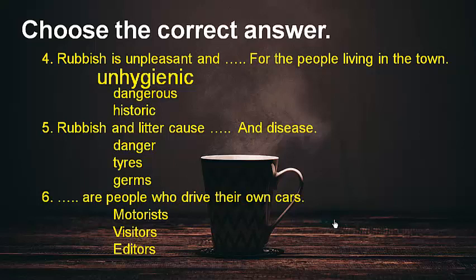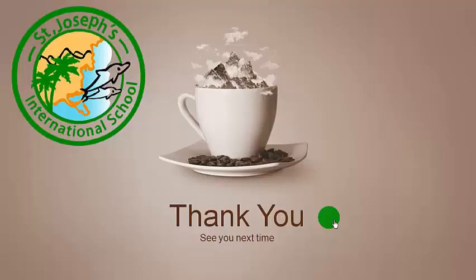They cause danger, tires, or germs. Of course, rubbish and litter cause germs and disease. What are people who drive their own cars? Anything that have a motor. Yes, a motorist. Wonderful. Very good, guys.